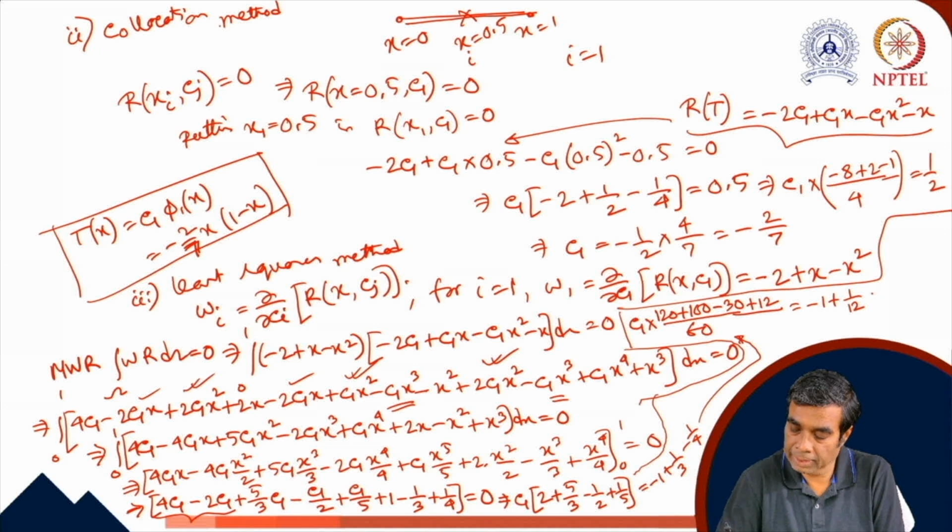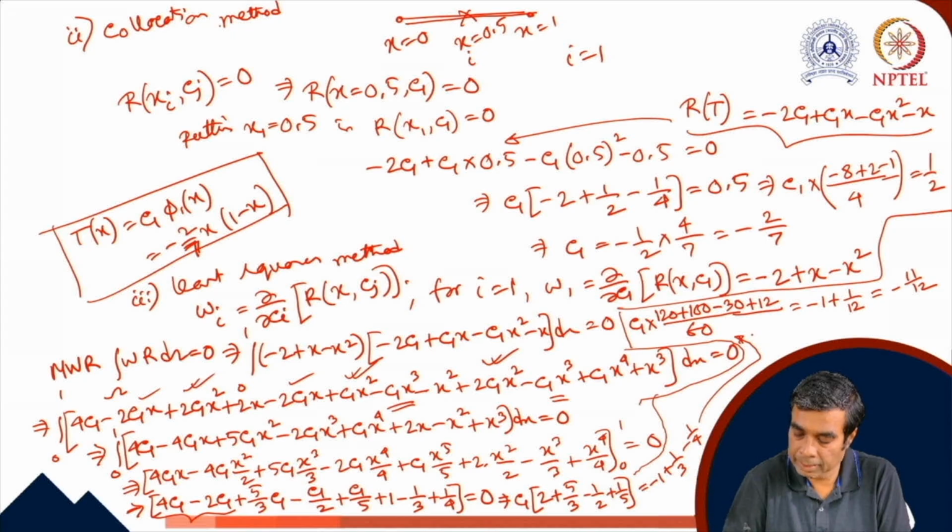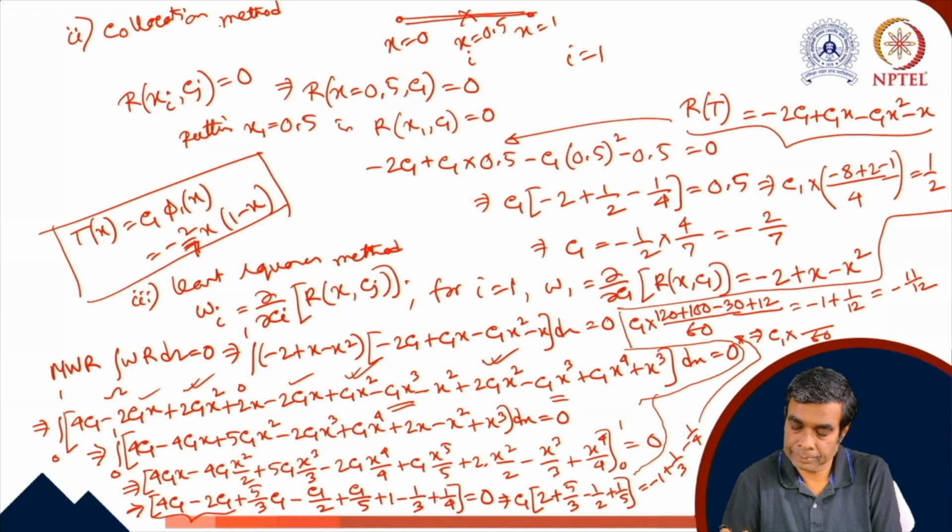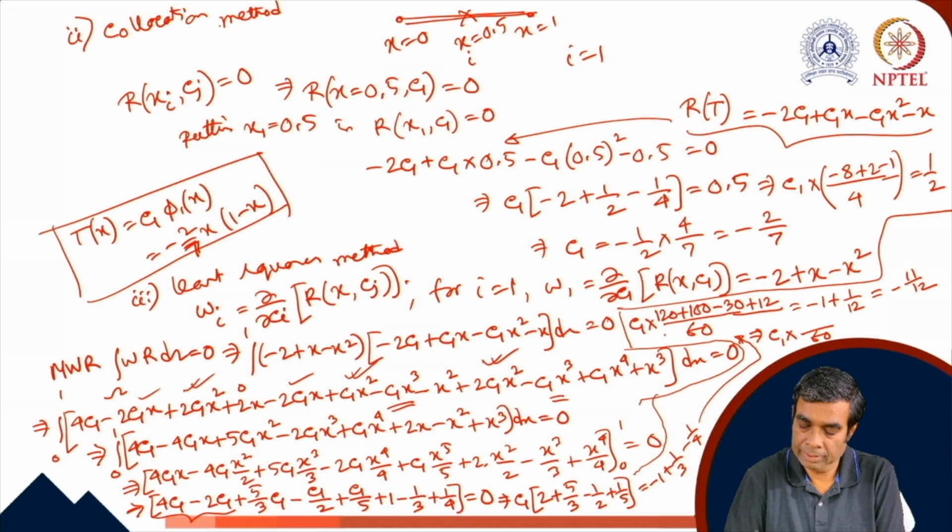So this is giving us minus 11/12. And in the left hand side we are getting C1 into, at the bottom it is 60. This is 220, 232 minus 30. 232 minus 30 means 202 equals to minus 11/12.